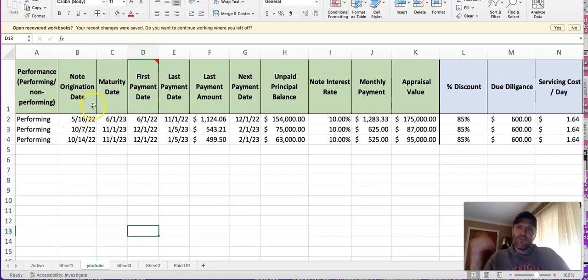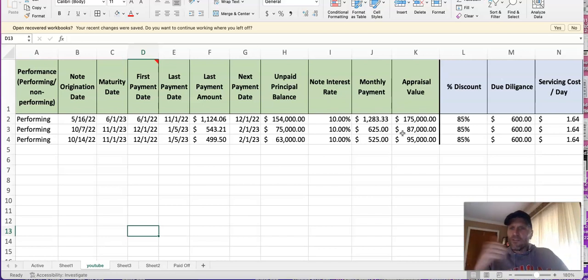Then the note origination date, the maturity date, the first payment, last payment amount, the next due date, the unpaid principal balance, the interest rate, the monthly payments, and the appraisal value of the property. Once again, I totally changed all these values, so these aren't the actual properties that I posted, but they are pretty close to the values.